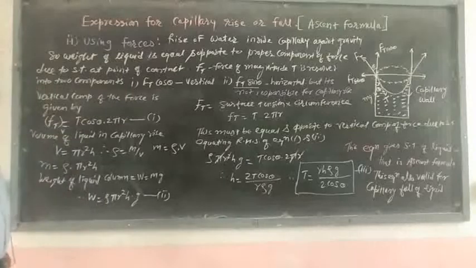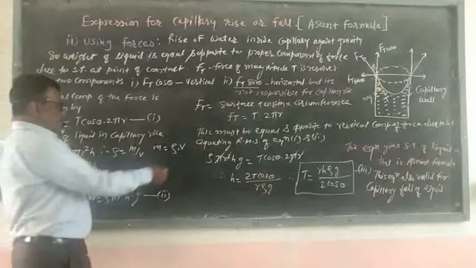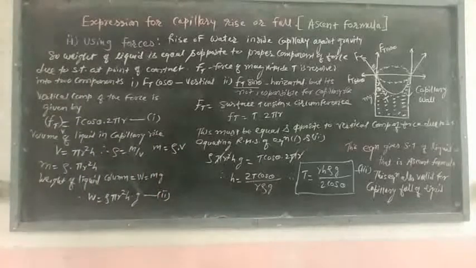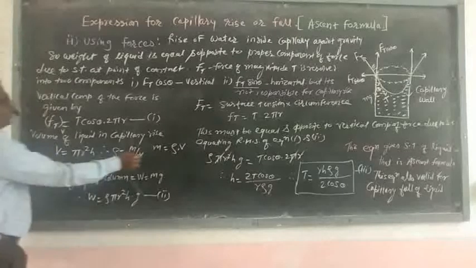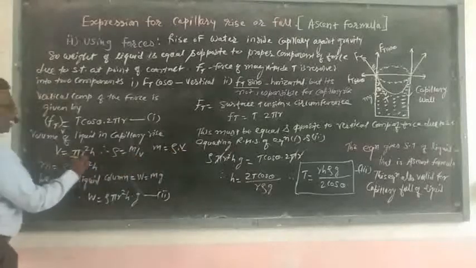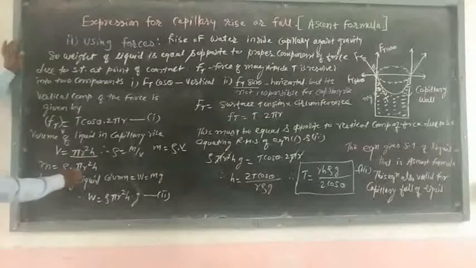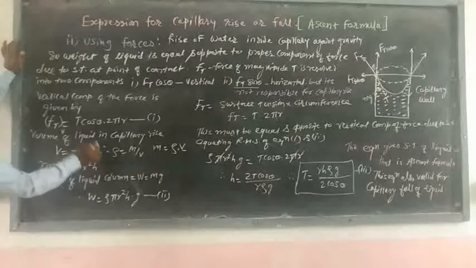Now substitute the value of volume. So we get mass of liquid m equal to density rho into volume pi r square h.